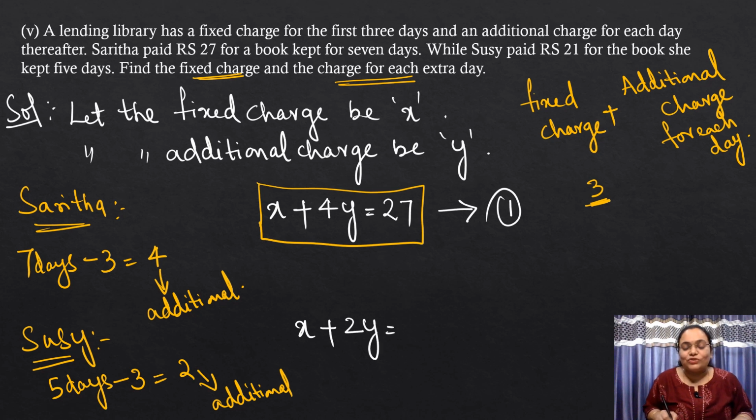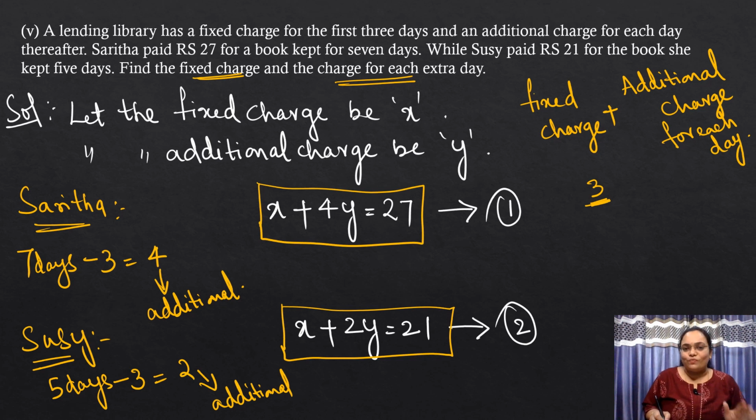The total amount she paid is 21. So x plus 2y equals 21 is equation number 2. We have got equations 1 and 2. Now by the elimination method, we will find the fixed charge and the charge for each extra day.